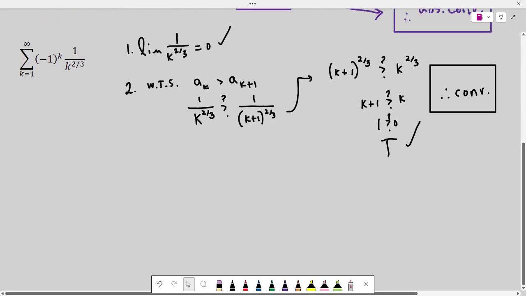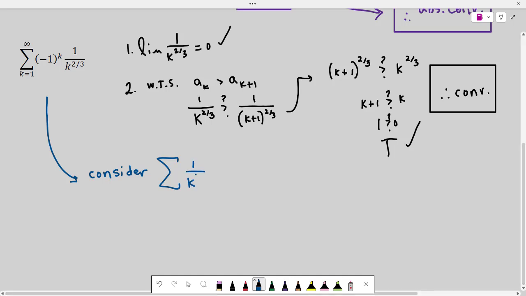Now we want to classify that convergence. So now we consider the series of absolute values. So we're going to take the absolute values, and once again, we have a p-series. So we identify p, we compare it to 1, and that diverges.